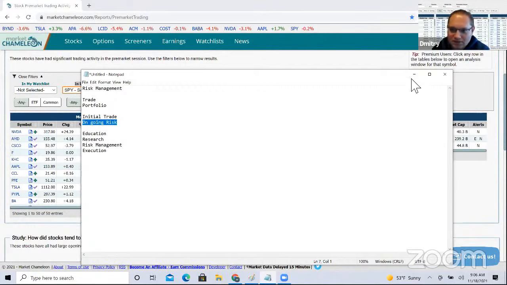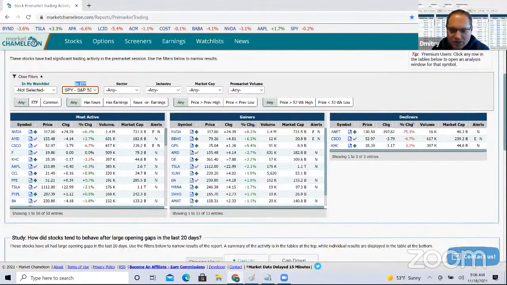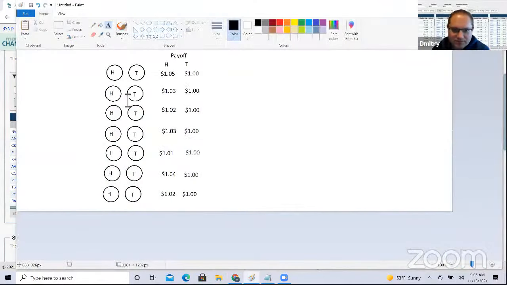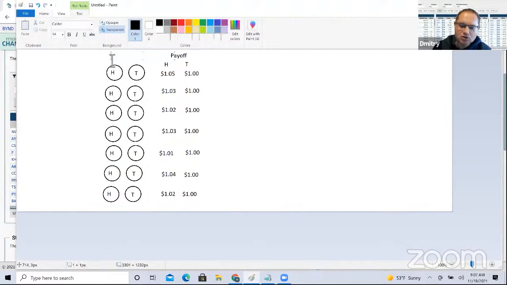All right. So what I did was create this painting here, right before we got started. I used MS Paint. Remember yesterday, if you didn't join us, we talked about a coin flip, and I see this a lot. This is a coin.